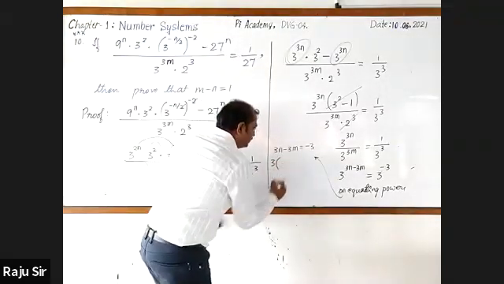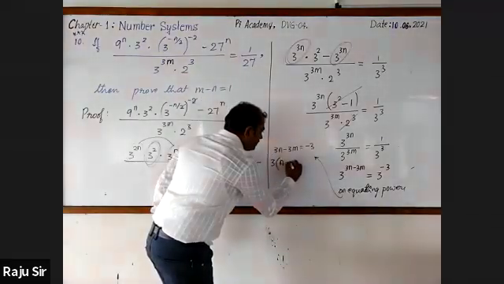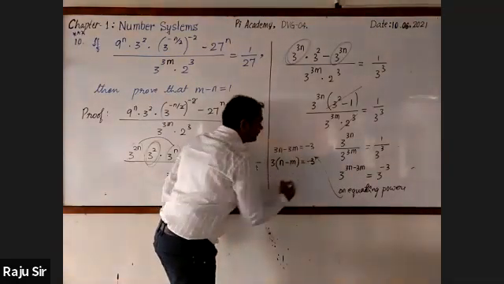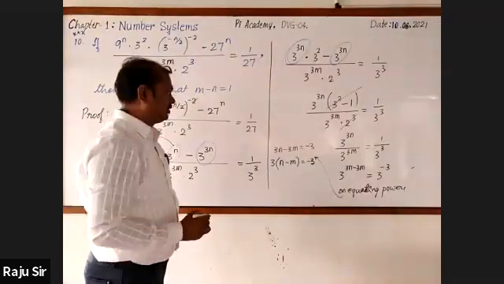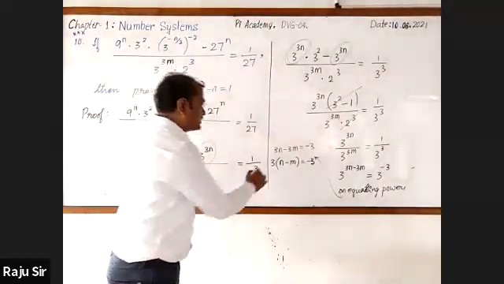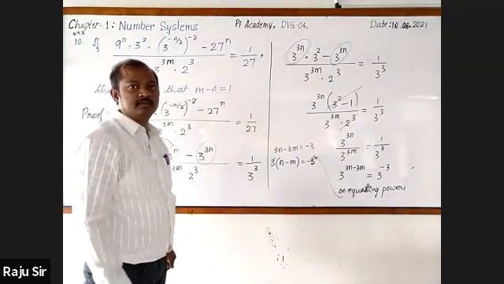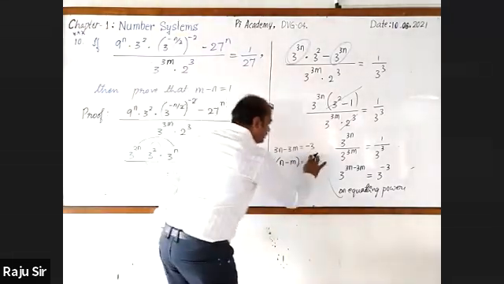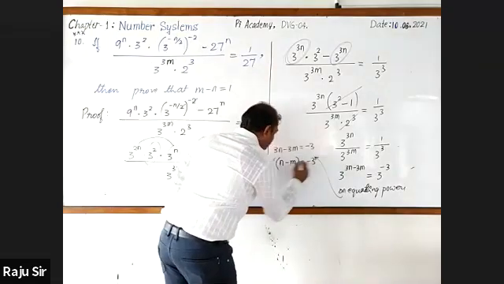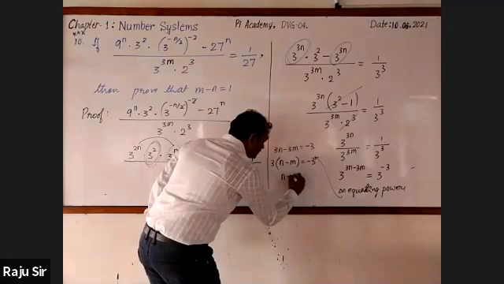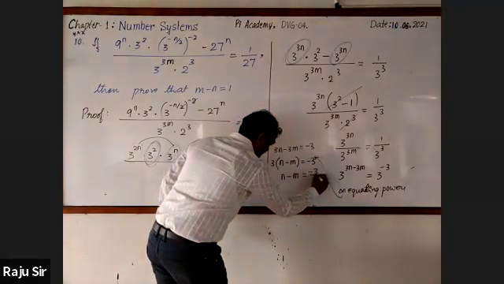Right. 3 into n minus m is equal to minus 3. Now cancel. 3 gets cancelled. If you cannot see the cancellation, add one more step: n minus m is equal to minus 3.